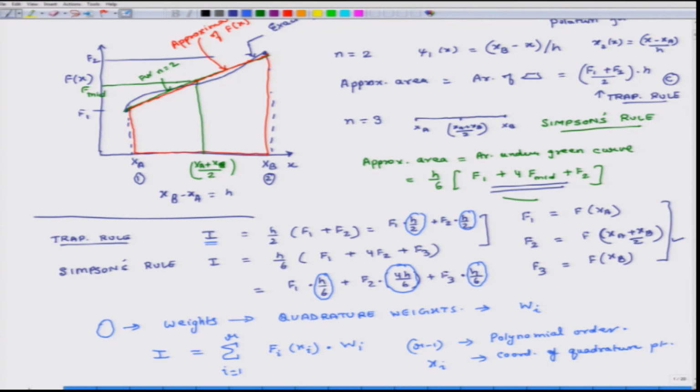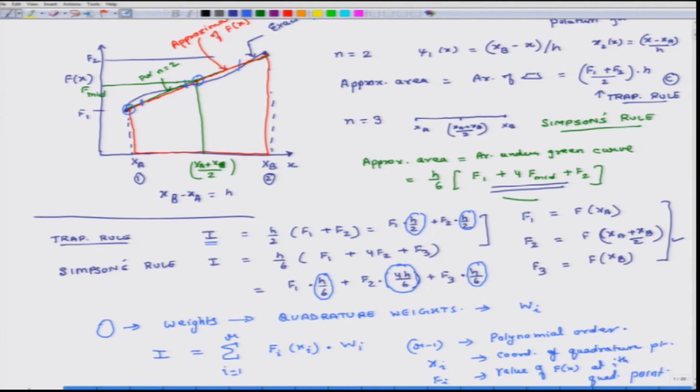So, in this case these nodes happen to be quadrature points. There is no rule that they have to be the same as nodes. We will see later that we will use some different points. But in this case, for the trapezoidal rule and Simpson's rule, the nodes are the same as the quadrature points. So xi is the coordinate of the quadrature point, and fi is the value of f of x at the ith quadrature point.